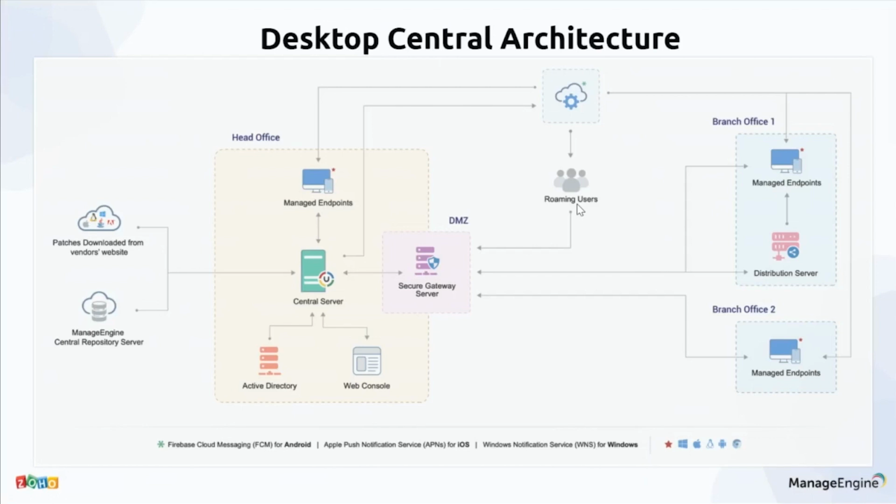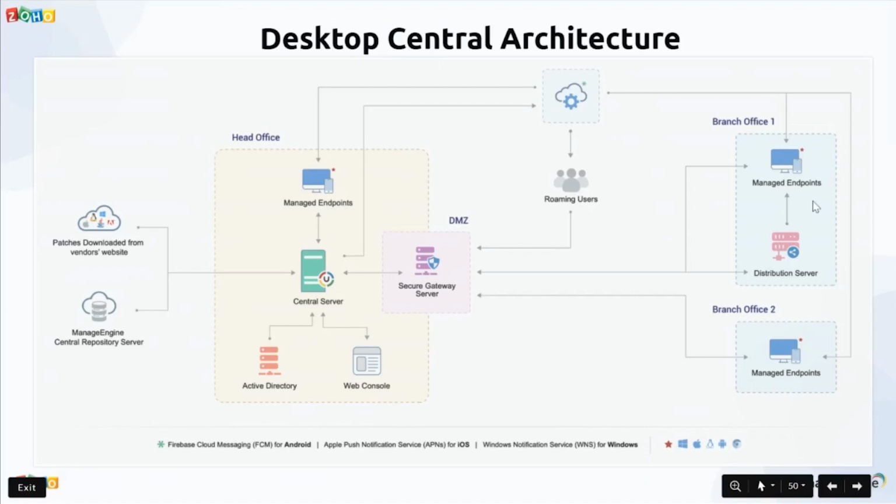Since it has a web-based console, you can view the server from anywhere with just the host name or IP address of the system hosting the server, followed by the port details. So in the local area network, the Desktop Central agents can directly contact the server for the patch details and tasks. On-demand tasks are initiated through the notification server.